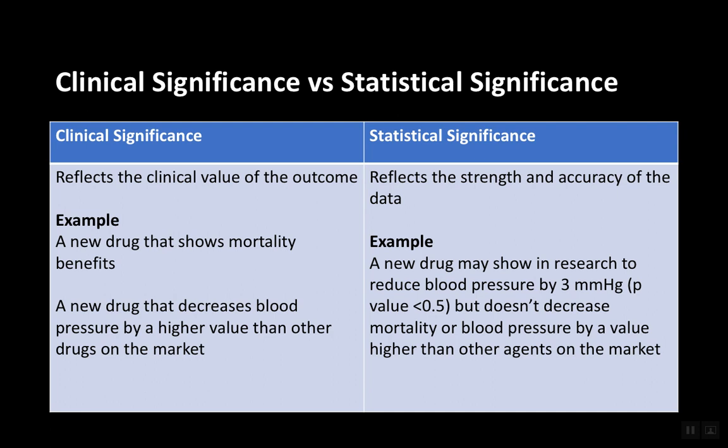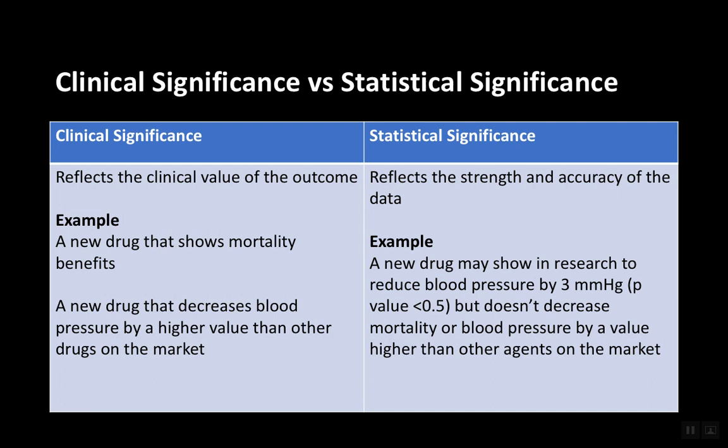That's clinically significant. It made an impact, right? Let's say most drugs on the market that reduce blood pressure only reduce it by 10, and this new drug reduces it by 20. Most likely, it's going to be first line now, right? That's a clinically significant outcome. Sorry.